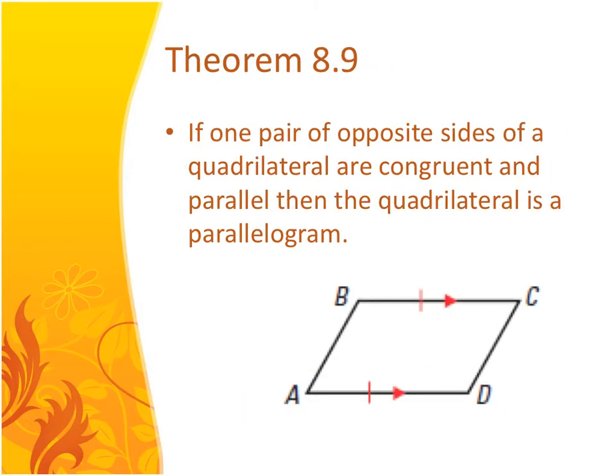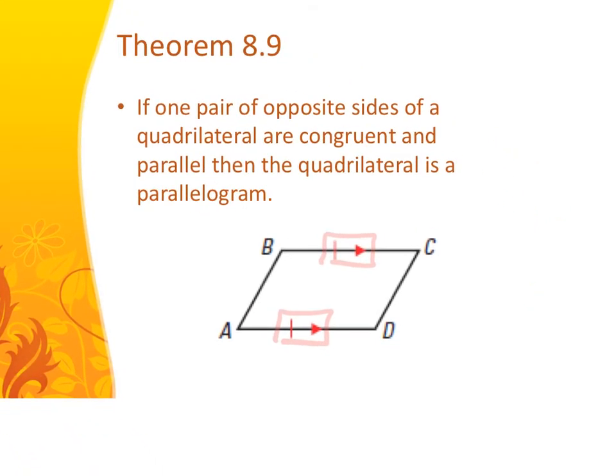So that's the second way to show that a quadrilateral is a parallelogram. And now the third way. If one pair of opposite sides of a quadrilateral are congruent and parallel, then the quadrilateral is a parallelogram. Notice on the sides here, side BC has both the congruency mark and the parallel mark, and the same thing with AD.